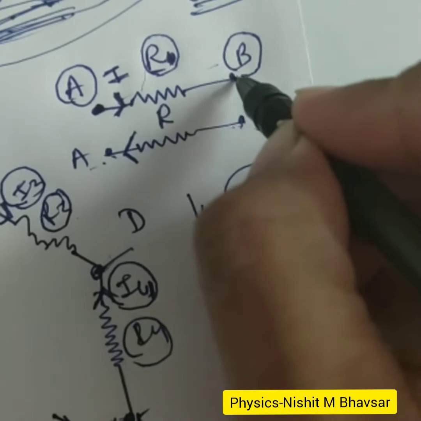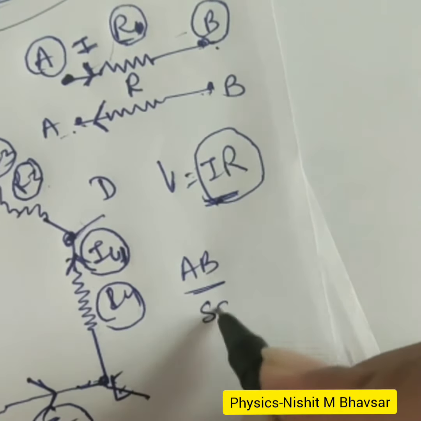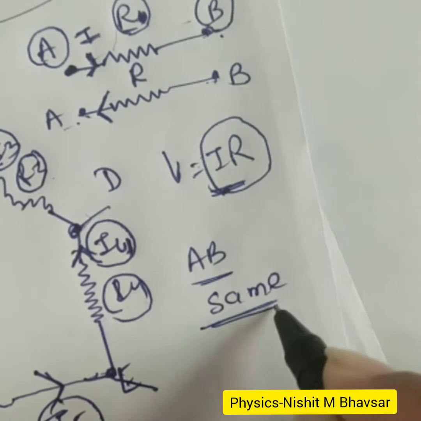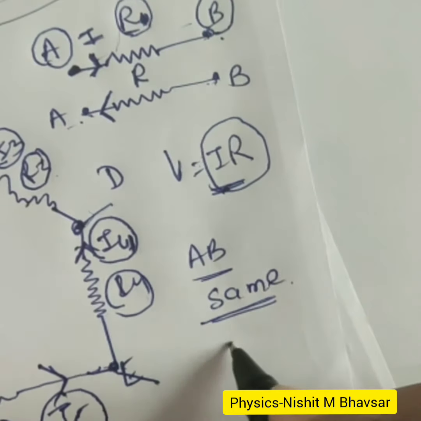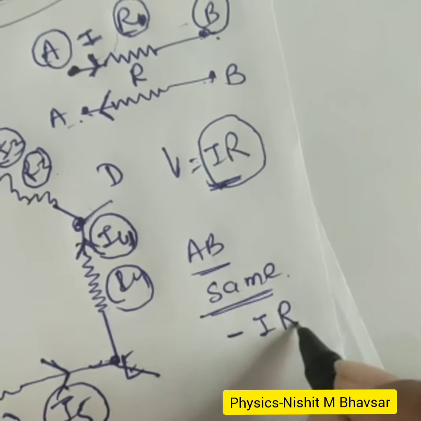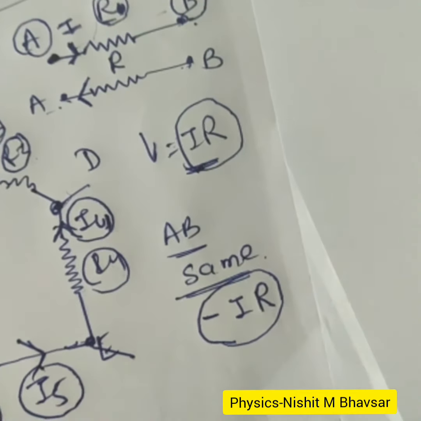We want to go from A to B, the same direction. If we want to go in the same direction as the electric current, IR becomes negative. In the same direction, IR becomes negative.